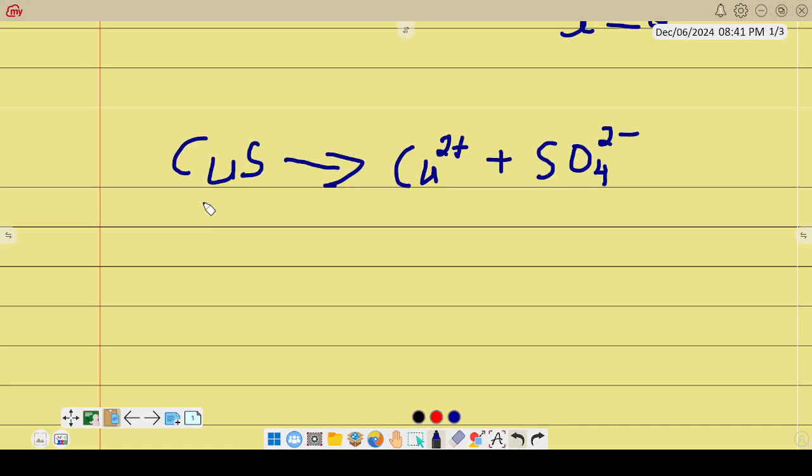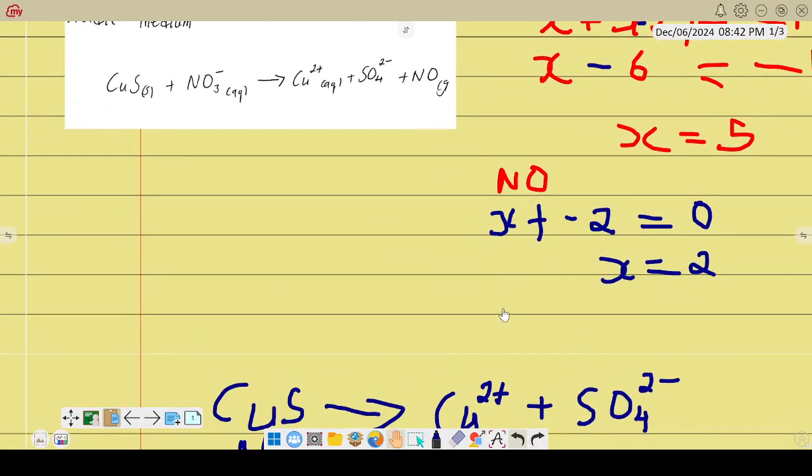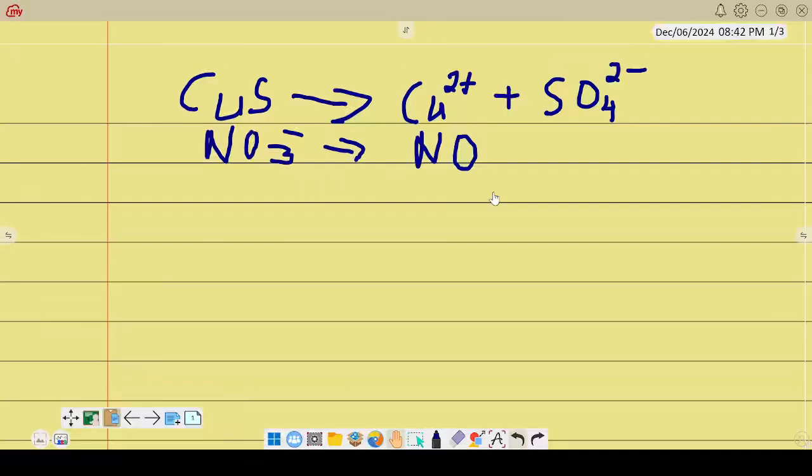And then the reduction half is where we have this nitrate ion. Okay, is this clear? And we have nitrogen monoxide, like this. So that's our nitrogen monoxide. So we're done with step 1.